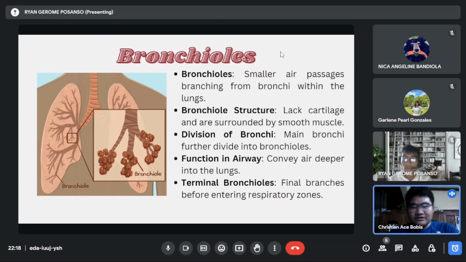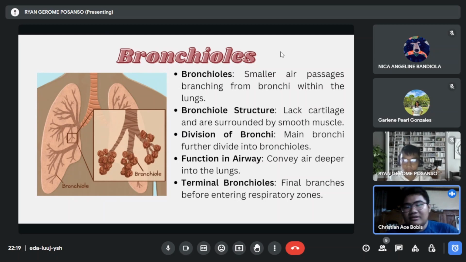In terms of structure, they lack cartilage and are surrounded by smooth muscle. Similarly, the main bronchi further divide into bronchioles, as seen in this microscopic version shown in the image. Their function as an airway is that it conveys air deeper into the lungs.